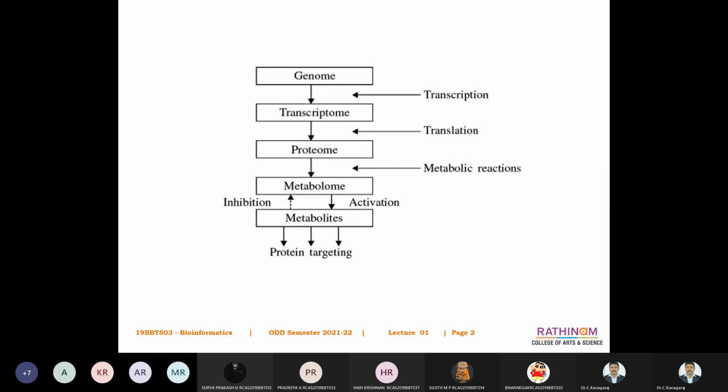So genome, gene, it will go through the translation process, then protein synthesis. After the protein synthesis, the protein goes for the metabolic reactions, inhibition, activation of the metabolism, so targeting of the protein. Again those molecules go back to the genome. This is a cyclic process, the central dogma theory.